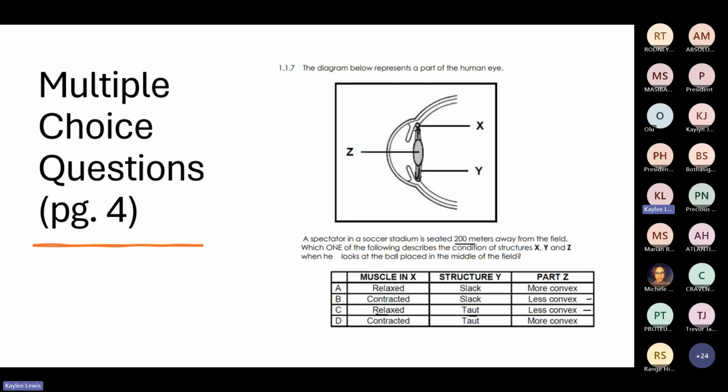And that's how it becomes less convex. And then your ciliary muscle, in order for the suspensory ligaments to change, your ciliary muscle had to relax. So the answer for this one is C. So the goal was to get it less convex. How did I let that happen? Well, my ciliary muscle relaxed and my suspensory ligaments became taut.